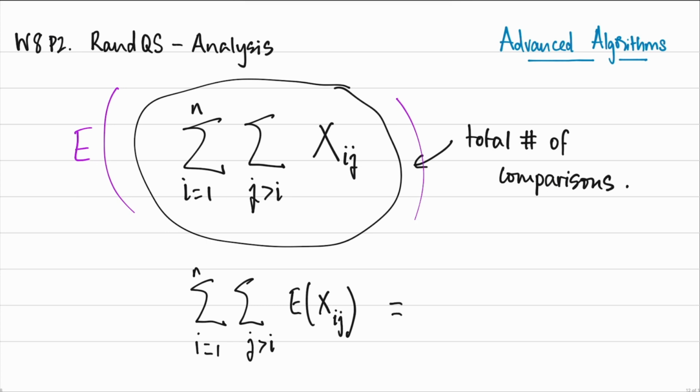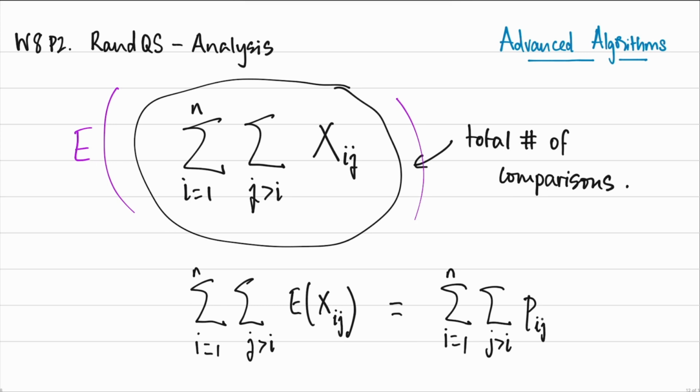So I can basically replace the expectation of Xij with pij, because that's going to be 1 times pij plus 0 times 1 minus pij, and that basically amounts to pij.